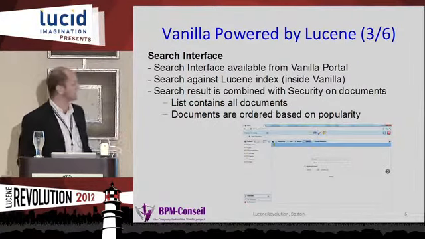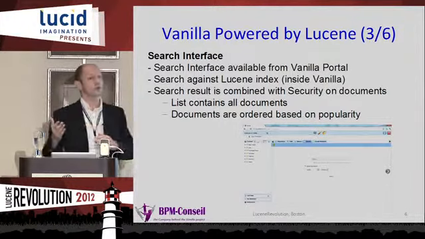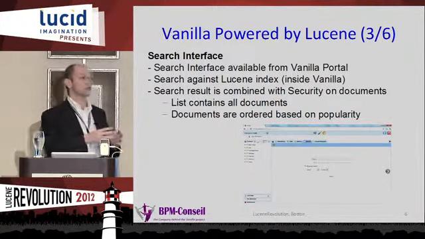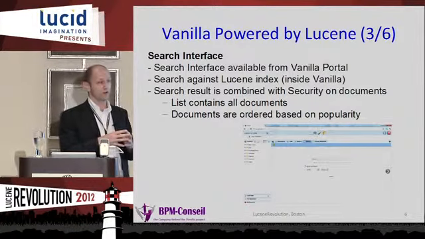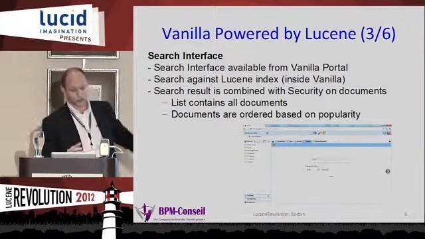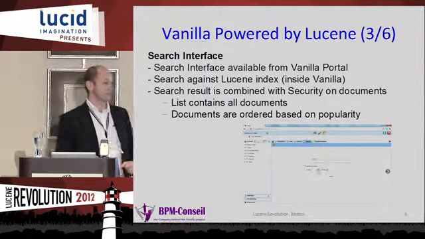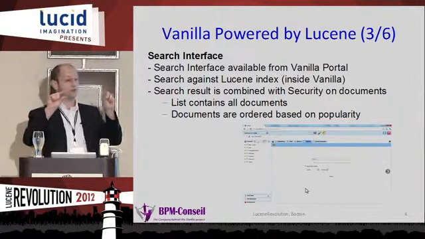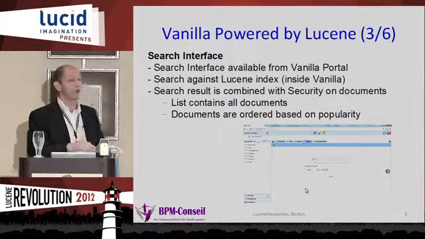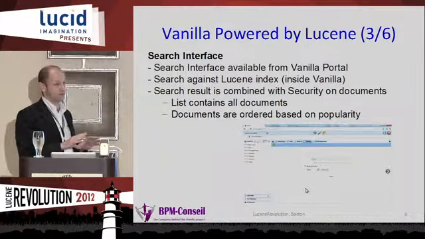We have a search interface in Vanilla, so it was also one of the subjects we covered during 2 days. It's nice to have a search engine, but you also need a search interface. So with Vanilla, and I will show it, it was more the strategy we found in Google, just a simple line. You type what you are looking for, and it displays a result. There was a big discussion about this, okay?